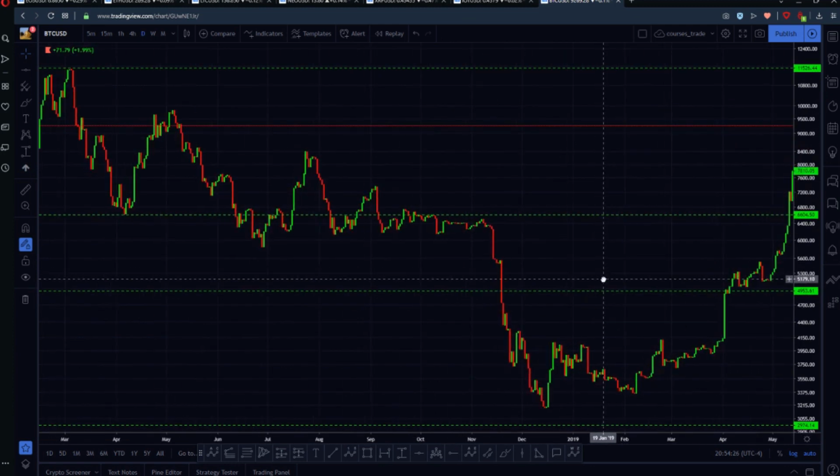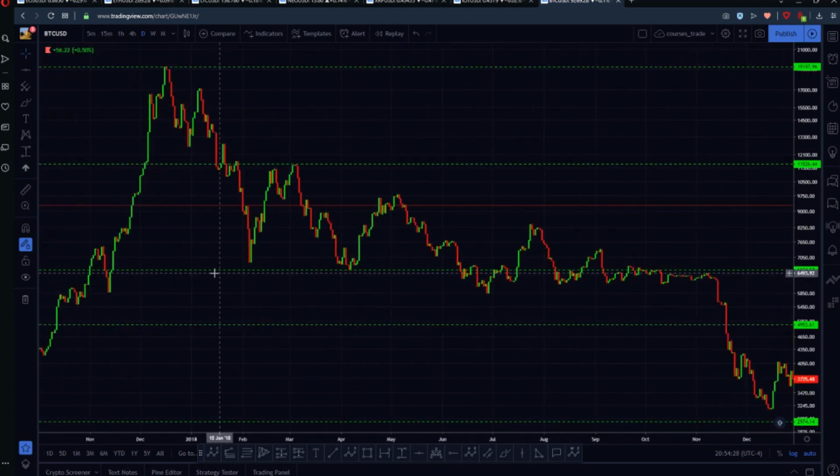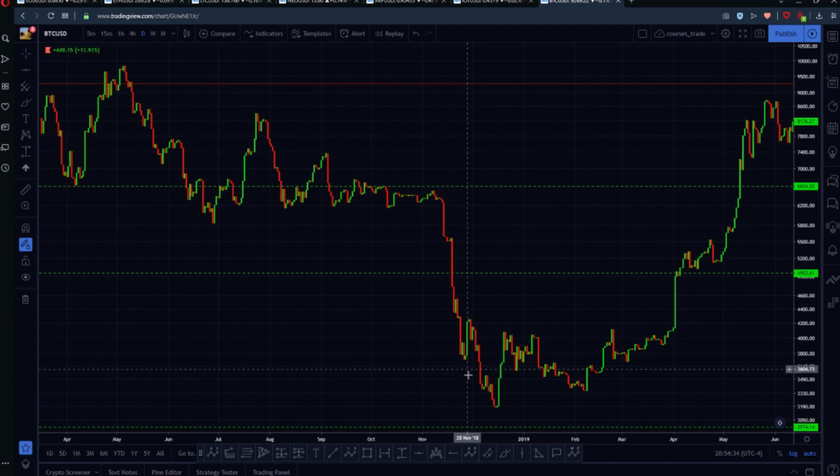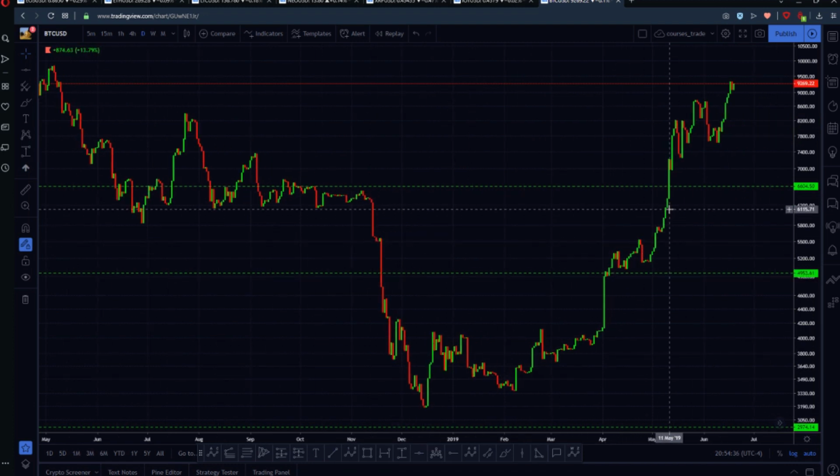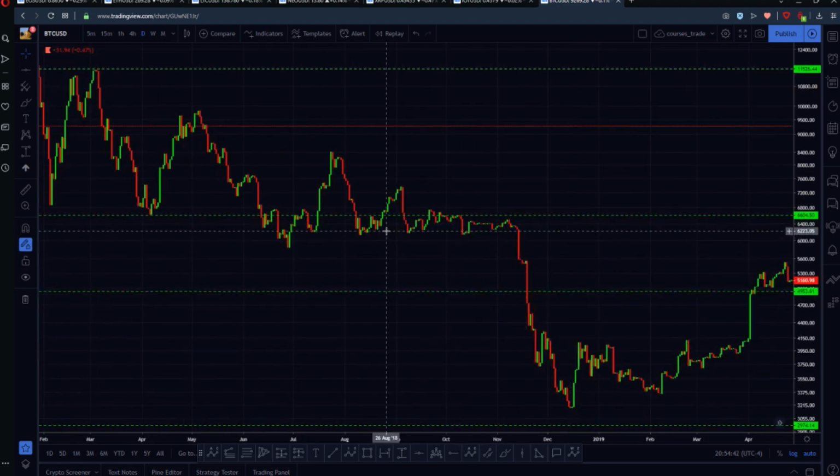Now, this was a serious support, and when it broke down, we had a serious breakdown. On the way up, it didn't stand as a resistance. Now this break happened after a sideways move. This is not an emotional point.